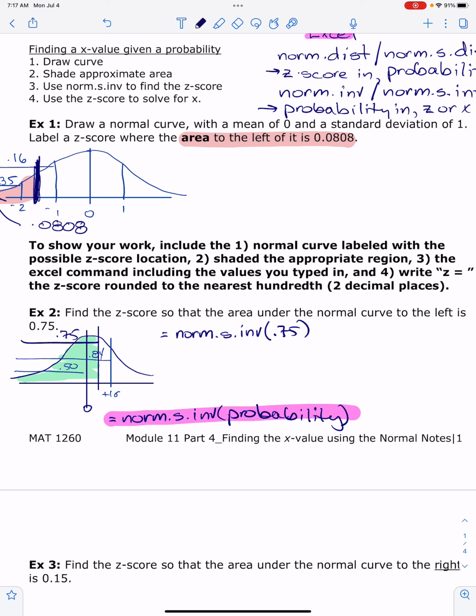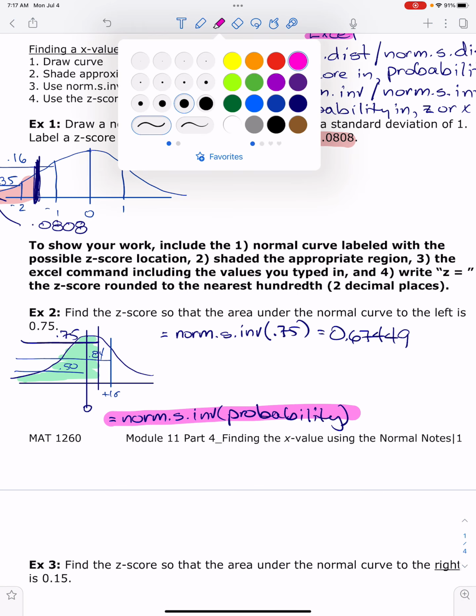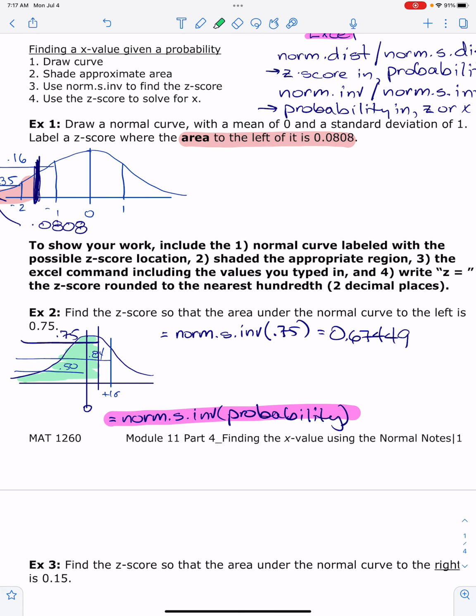When we plug that in, we get 0.67449. Looking up here at the nearest hundredth, so 2 decimal places, this is giving me a z-score. I look at the digit behind the second decimal place, it's less than 5, so this stays as 0.67.